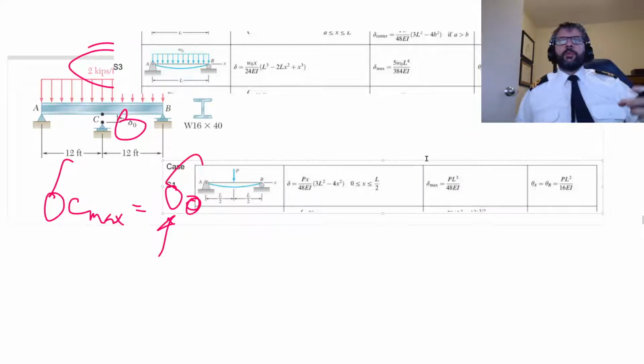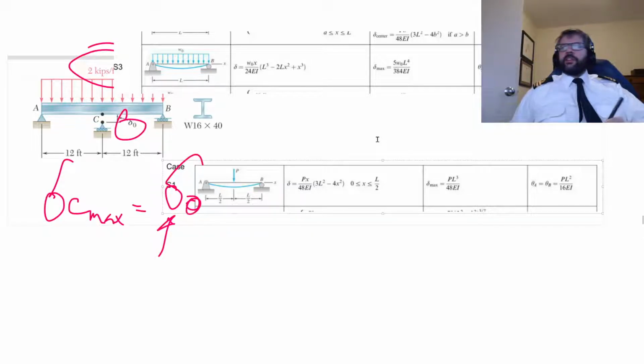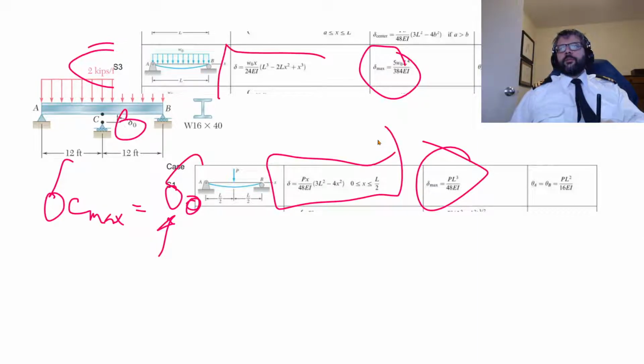In both those cases, the point we're worried about is in the center, so we get to use the delta max formula instead of the generalized one. We could use the generalized one. It just happens to work out to the same thing at x equals L divided by 2.